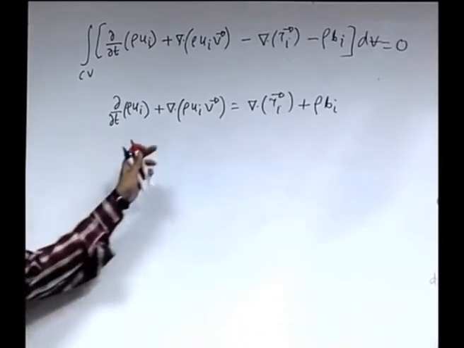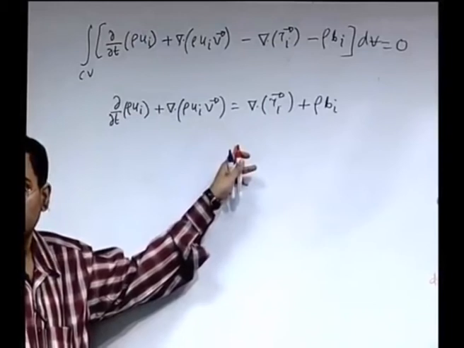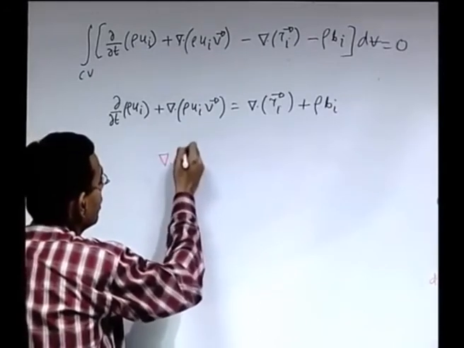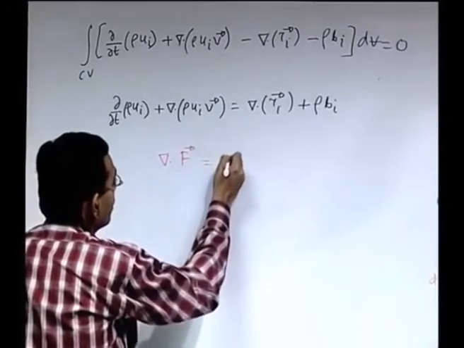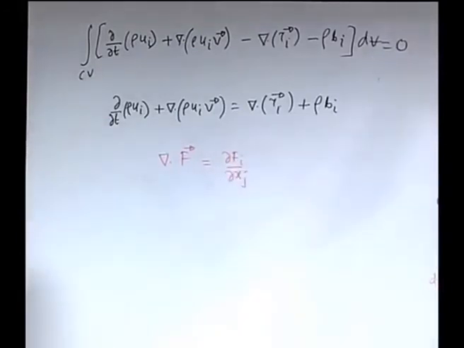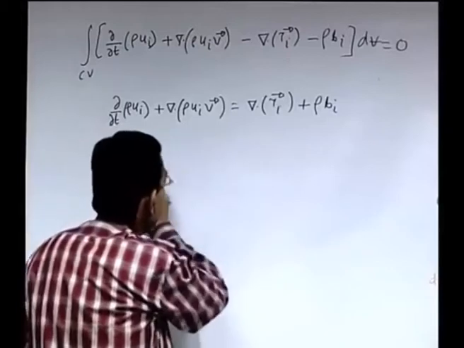Now, you can write this entire thing in terms of index notation. How can you do that? Consider an example.